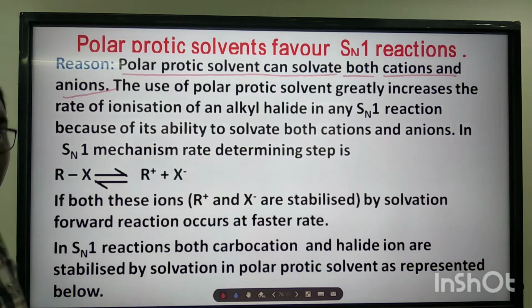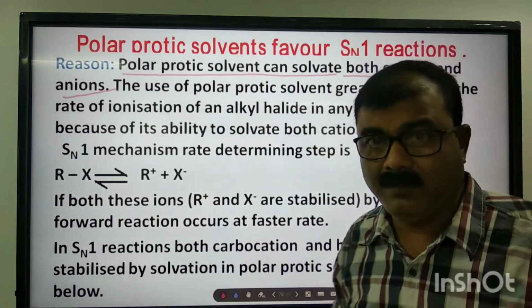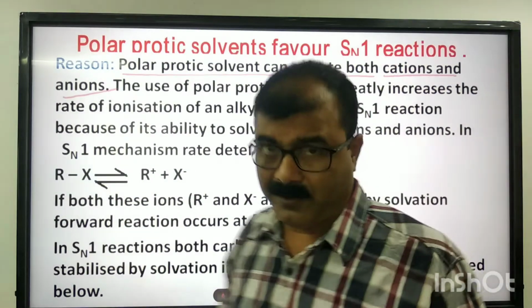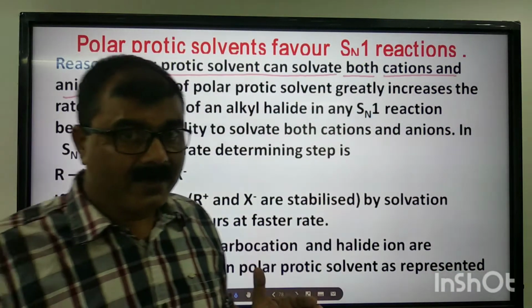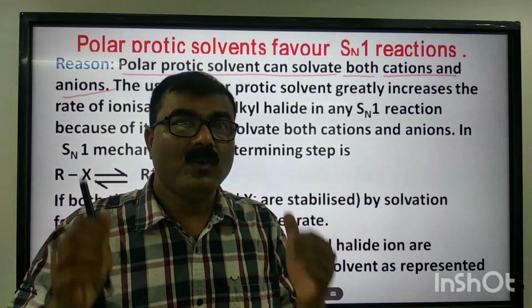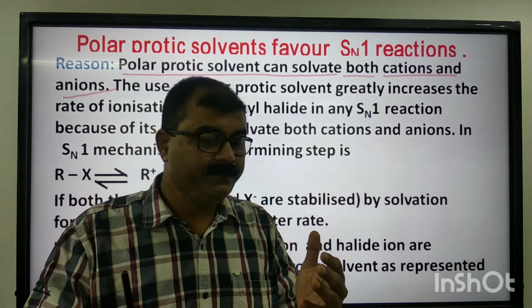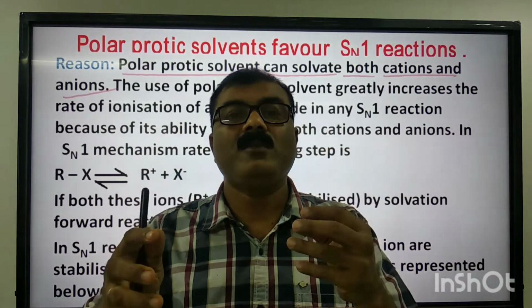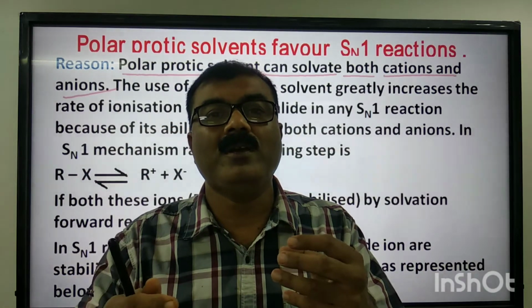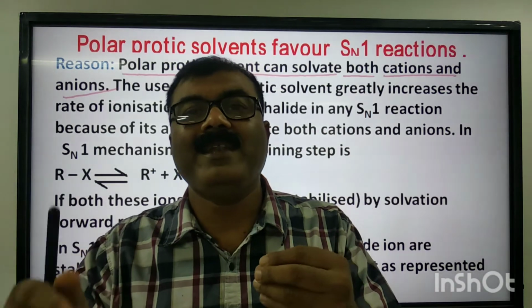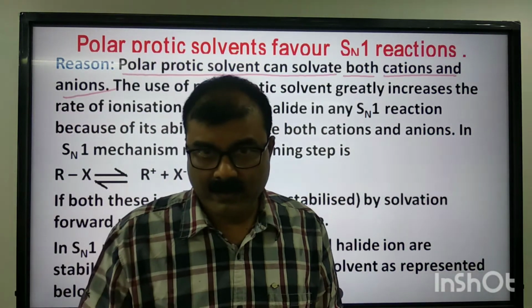This is one important characteristic of protic solvent. They can solvate both cations and anions. So what is the meaning of the term solvation? Solvation means the interaction between solvent molecules and solute particles present in solution. Clear?